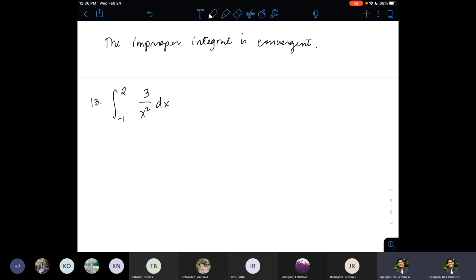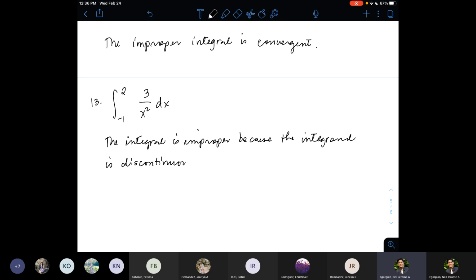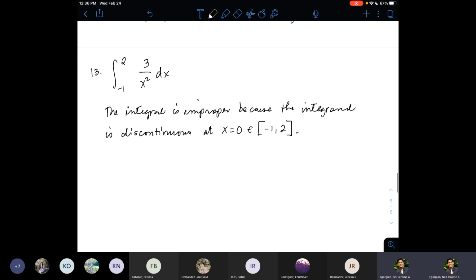So let me just formalize that. The integral is improper because the integrand is discontinuous at x equals 0, which happens to be inside the closed interval -1 to 2. All right.